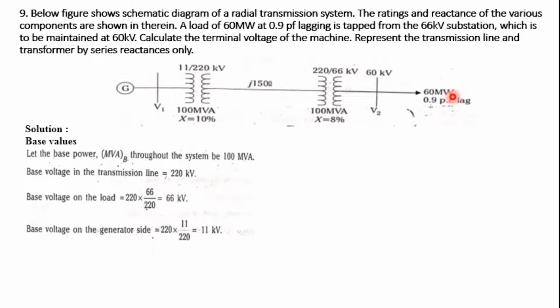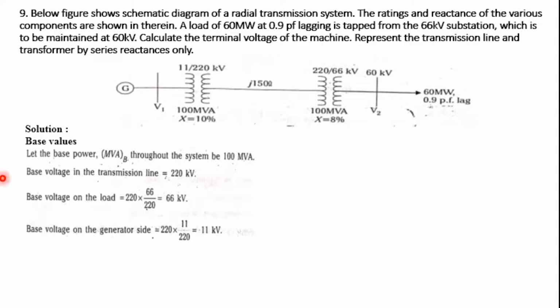There is no option to consider across the load because there is quite a difference between 60 and 66, so we are not going further with the load. The two options are only the generator and the transmission line. But here I don't know the generator voltage, so I don't have that option. So we have to consider the transmission line voltage as the reference.